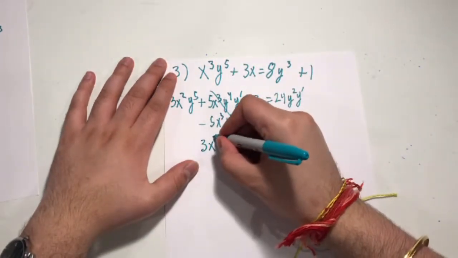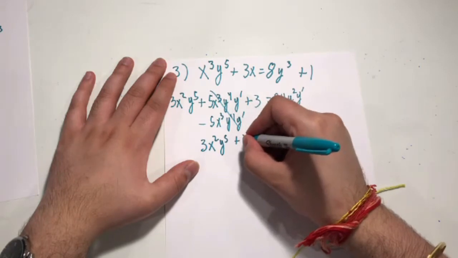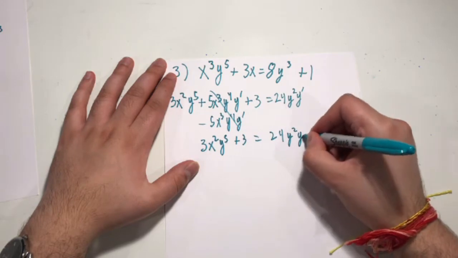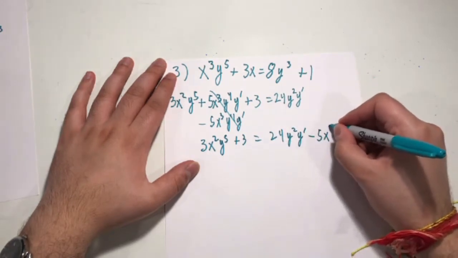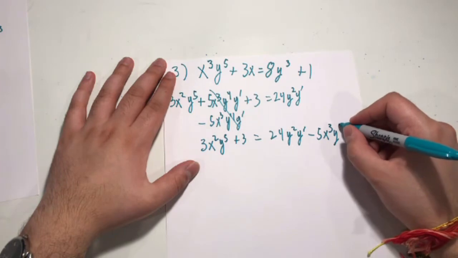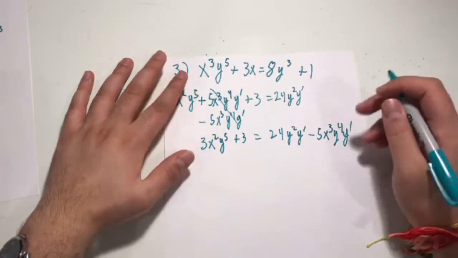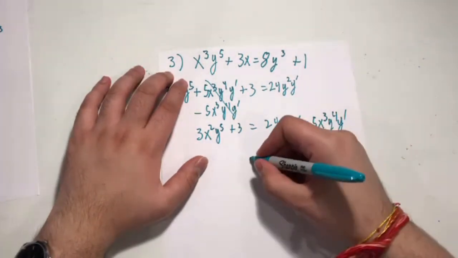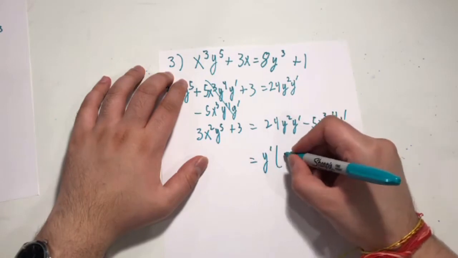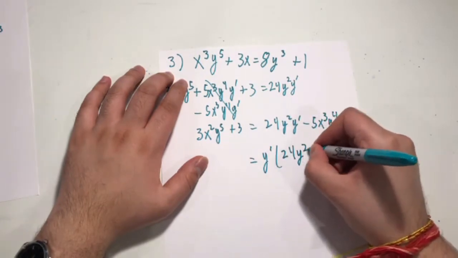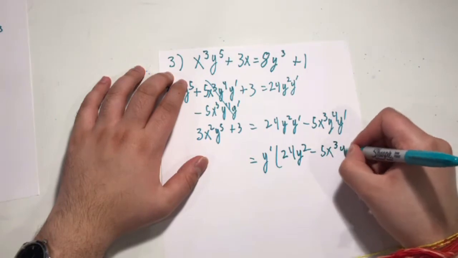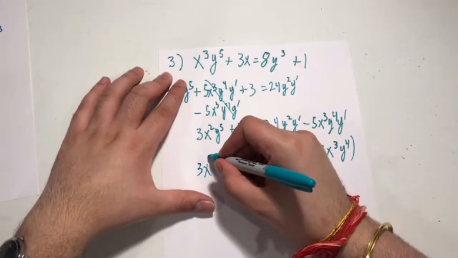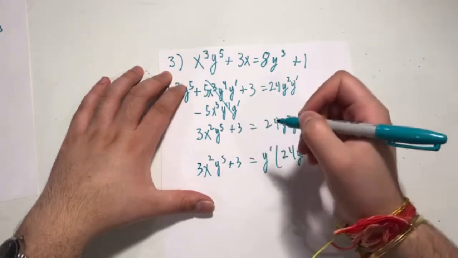And then we have 3x to the second, y to the fifth, plus 3 equals 24y to the second, y prime, minus 5x to the third, y to the fourth, y prime, and I'm sure this is super familiar, GCF on our y primes. So we have y prime, 24y to the second, minus 5x to the third, y to the fourth, and that's all equal to the same stuff: 3x to the second, y to the fifth, plus 3.